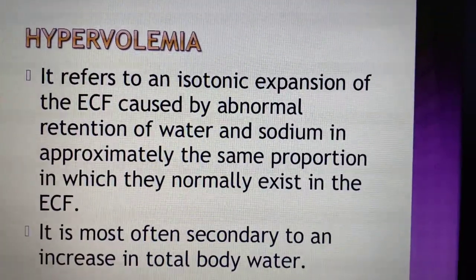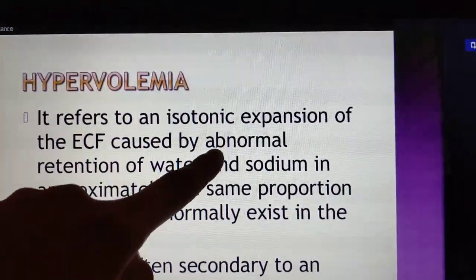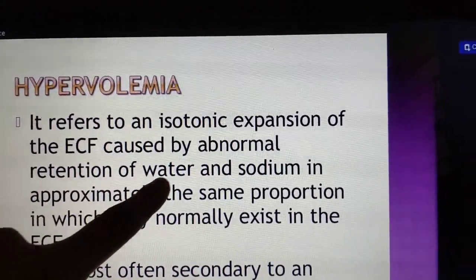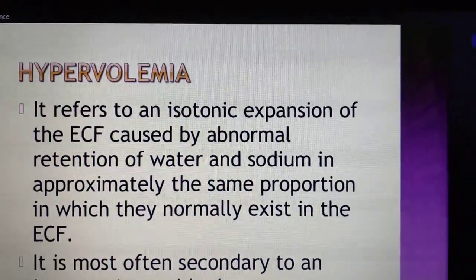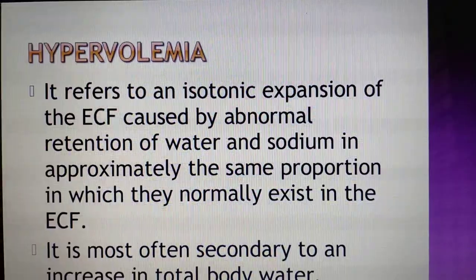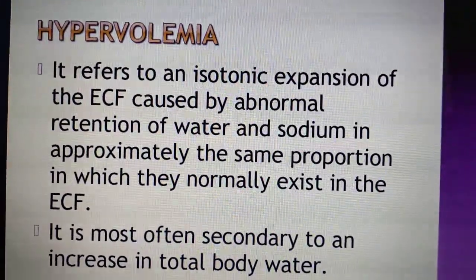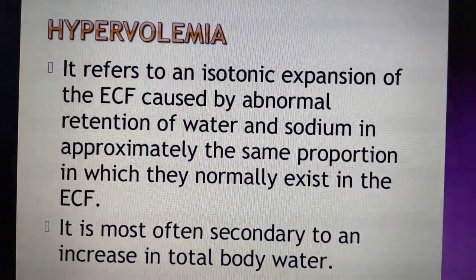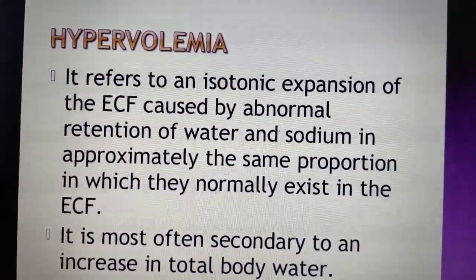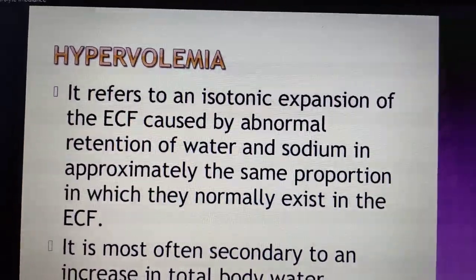Extracellular fluid, caused by an abnormal retention of water. So it's very important: abnormal retention of water as well as sodium, in approximately the same proportions in which they normally exist in the ECF. What happens? There is an imbalance in the sodium level as well as abnormal retention of water in the body, that we call hypervolemia.